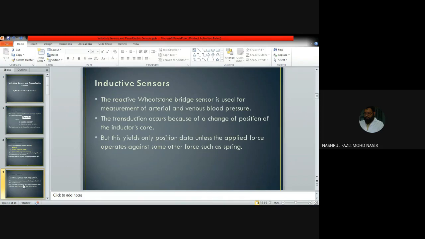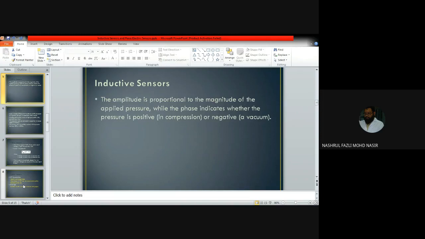The transduction occurs because of a change of position of the inductor core. But this is only position data, unless the applied force occurs against some other force such as a spring. The amplitude is proportional to the magnitude of the applied pressure.